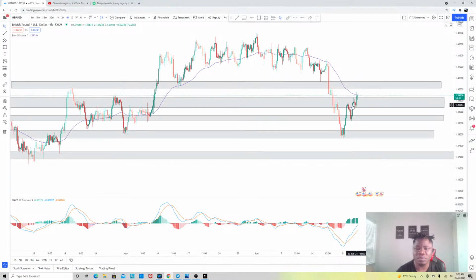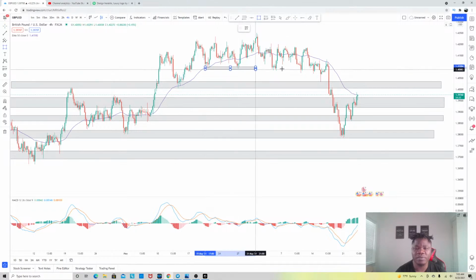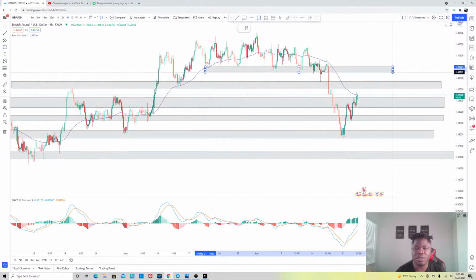Looking at GBP USD right now on the 4-hour time frame, we can see that if we have a break above this zone here, then our potential next zone is going to be this zone right over here, and we also have a zone right here.